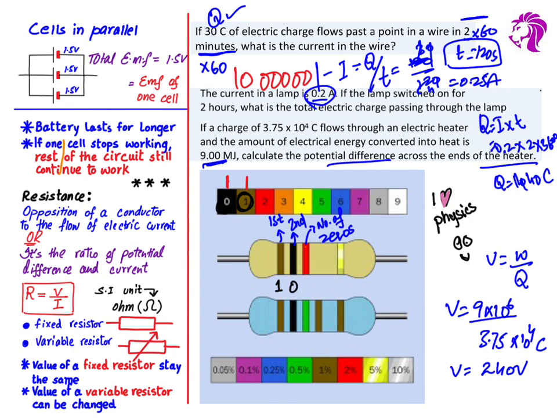So the first band represents the first digit of the value, the second band represents the second digit, right? And the third band will tell you how many zeros you need to put in. What is the third band? It's red, sorry. So how many zeros do I need to add? 2 zeros. So what is the resistance of this resistor? 1000 ohms, right? Yes, sir.